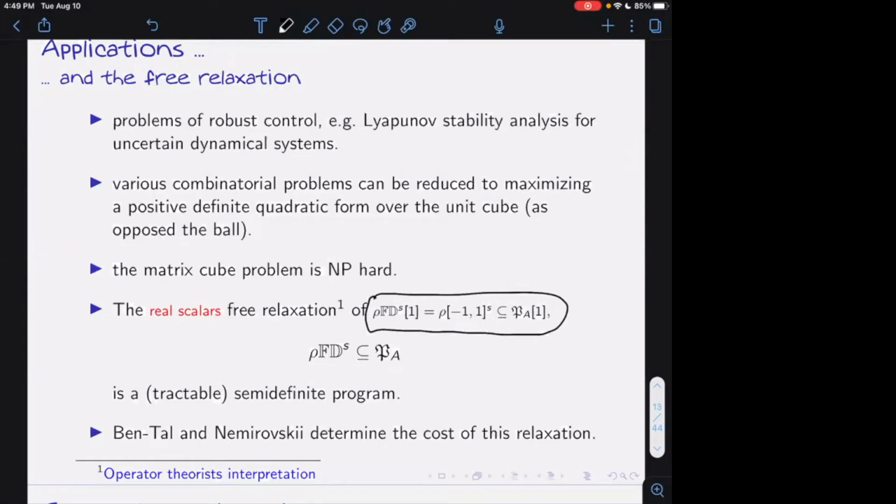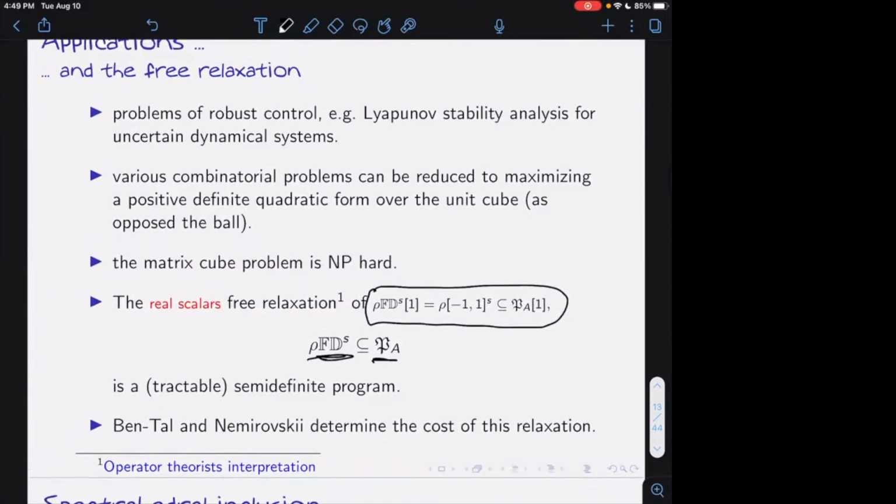So that the cube, with sides of length rho, is just the scaled free polydisc, again the real version of the free polydisc scaled by rho, and asks does it include in the spectrahedron PA. The free relaxation just asks, well, does some scaled version of the free polydisc include into the spectrahedron P of A, right? That's tractable. That's a semi-definite program, and that's something you can solve.